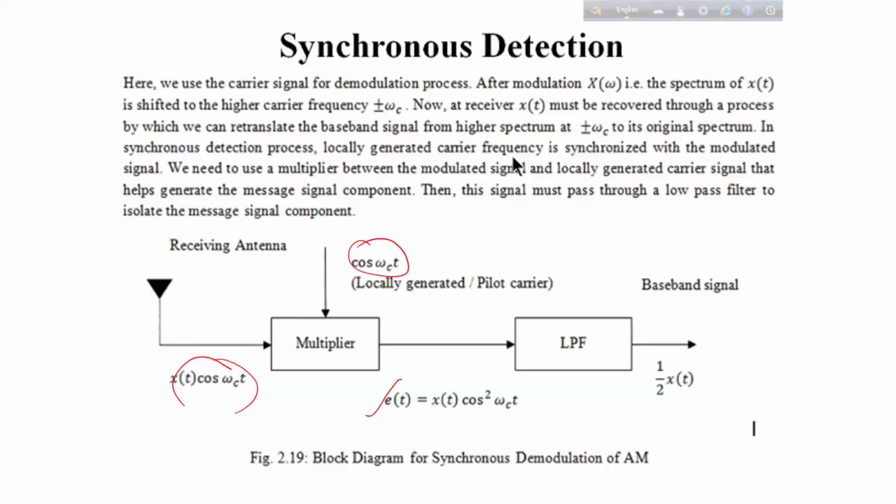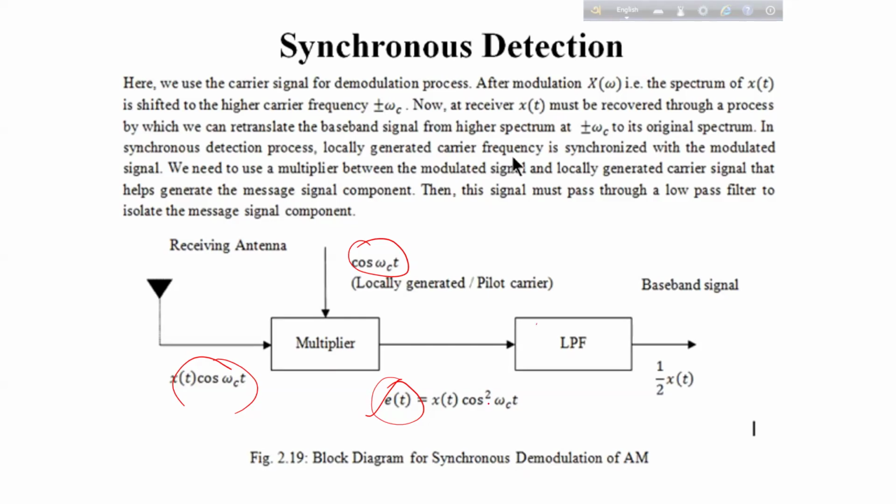After the multiplier, we send e(t) to the low pass filter so that the low frequency signal will be allowed and the high frequency signal will not be allowed to pass.